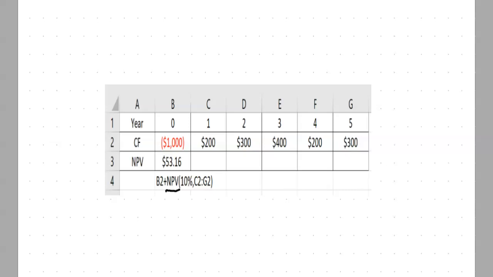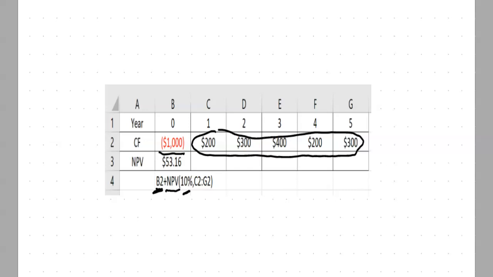You have to give the year 0 cash flow at the beginning, that is, negative $1,000 plus NPV. Then you have to give the rate of interest, which is 10%. Then you have to give all the cash flows from year 1 to year 5.